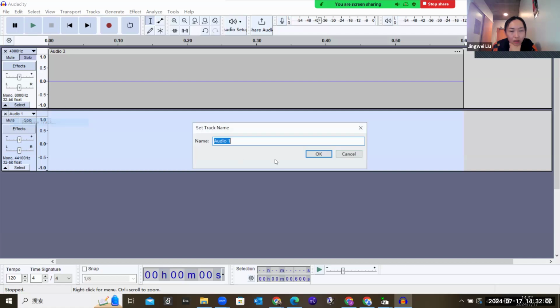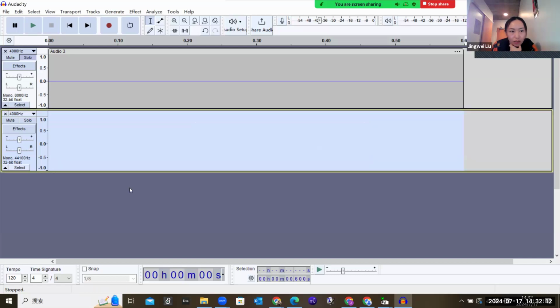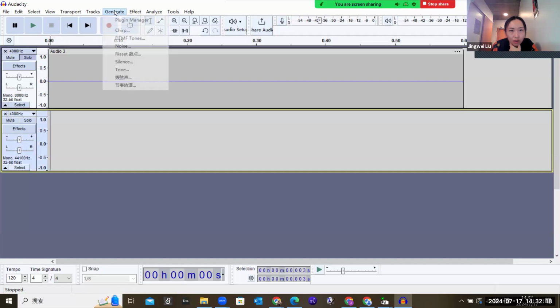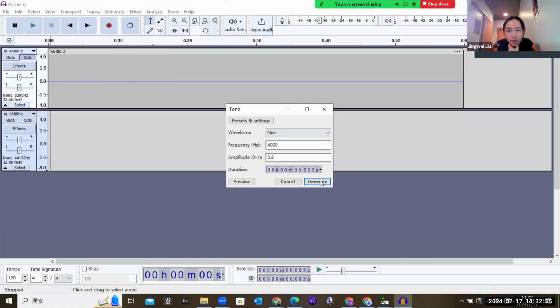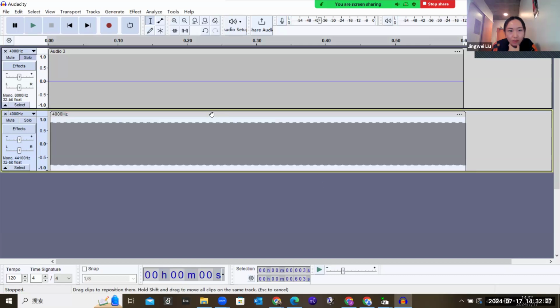This track will also generate a 4,000 hertz tune, but this track has a much higher sampling rate. So let me generate the tune. It's 4,000. Let me generate.